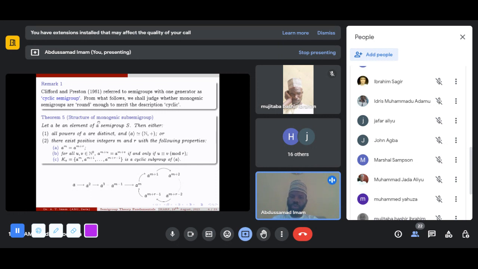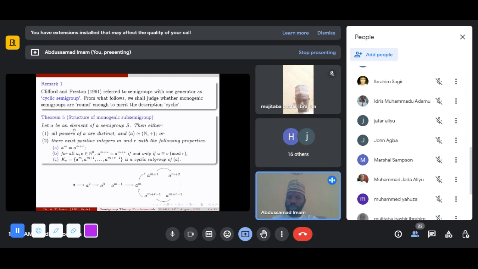You see, the group will be a single cycle like that. But in the case of a semigroup, the semigroup with one single generator is not necessarily so round a cycle that it should be called cyclic. In fact, that is why we resort to using the terminology monogenic subsemigroup. This theorem, theorem 5, gives the structure of the monogenic semigroup.